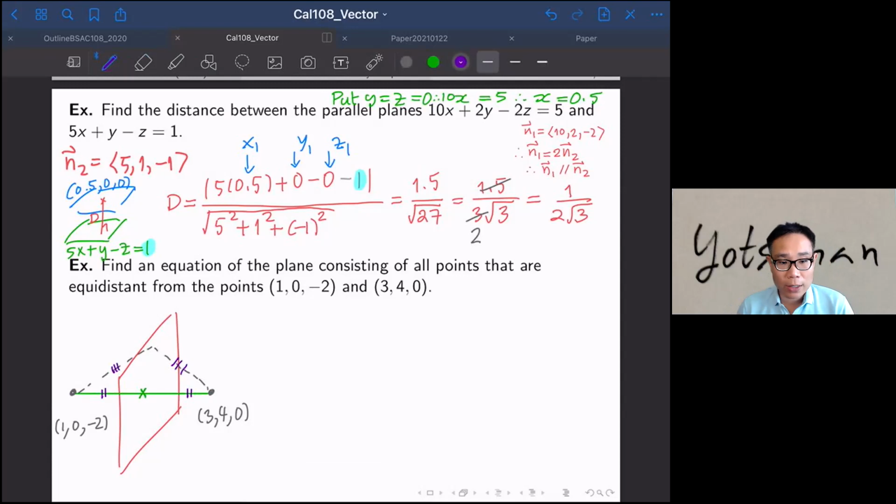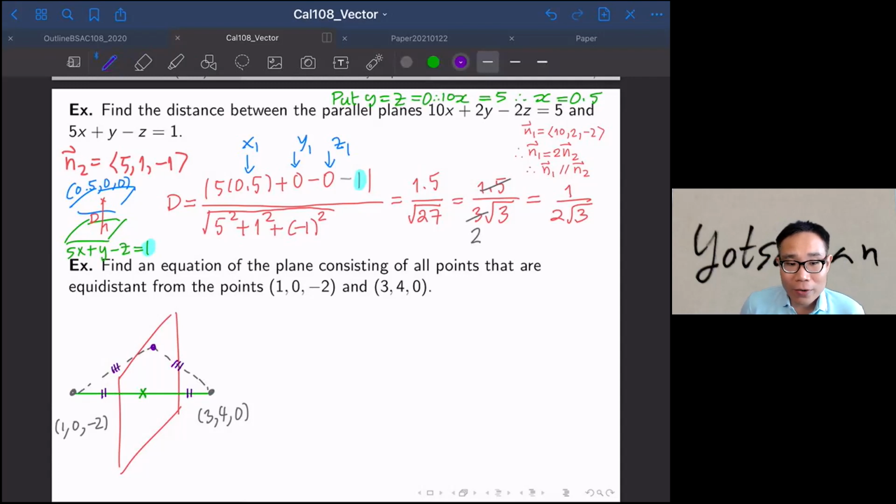So you're going to get another triangle that turns out to be an isosceles triangle. That is the picture you must keep in mind: every point on the plane is equidistant from these 2 points.